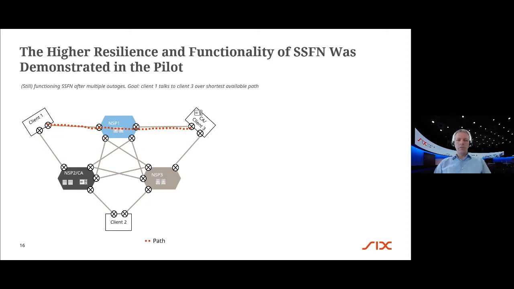We have the goal of client 1 accessing any service from client 3 to the right via the shortest available path through the network. Probably this would be through network service provider 1, because both of them are hooked up to this one and they have a direct interconnection through this network service provider.